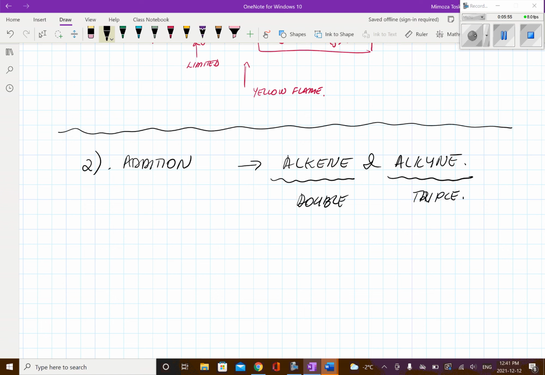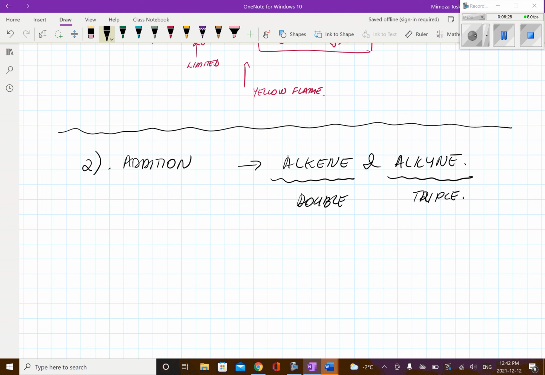It cannot happen with alkanes, because in an addition, you break the bond, and the broken bond is then used to add something else. If you break a single bond, then the carbon chain will be broken. Therefore, to have an addition reaction, you should have either a double bond or a triple bond.